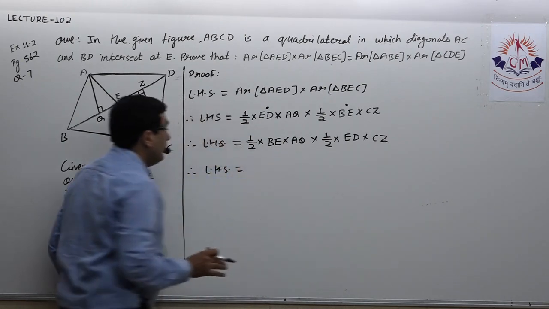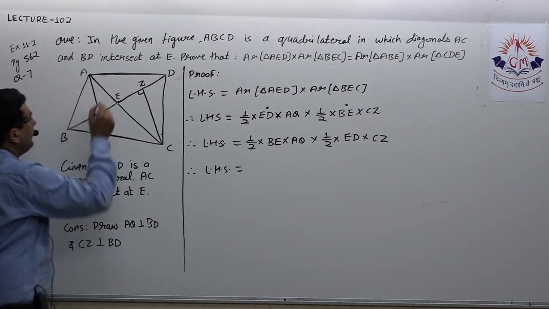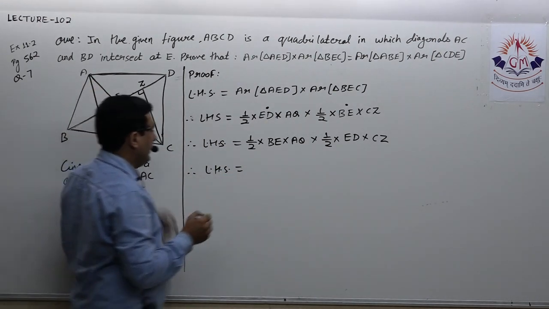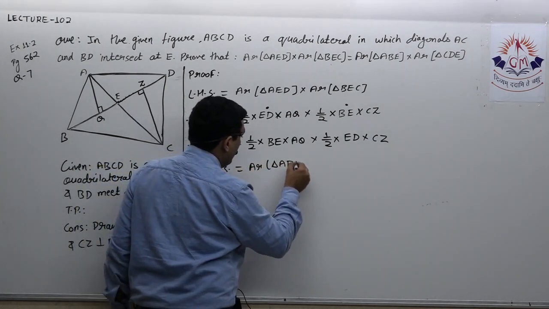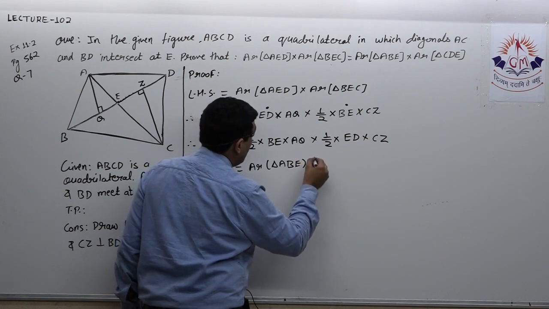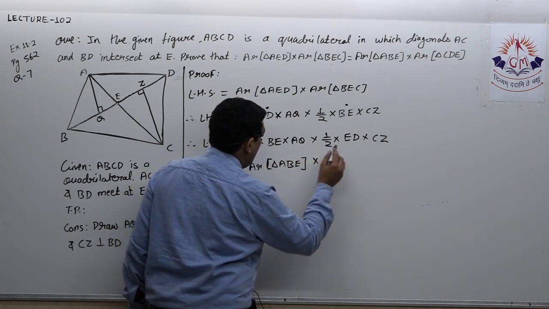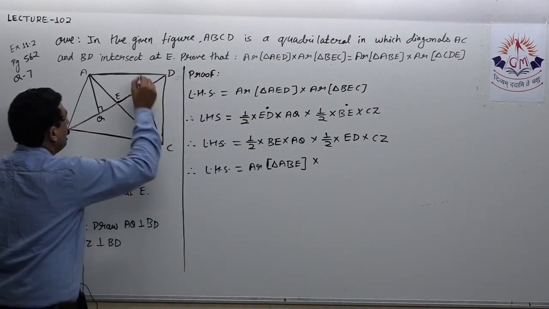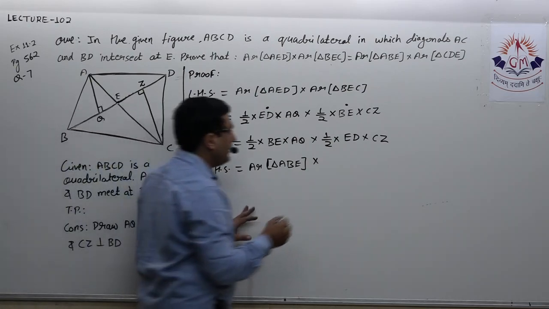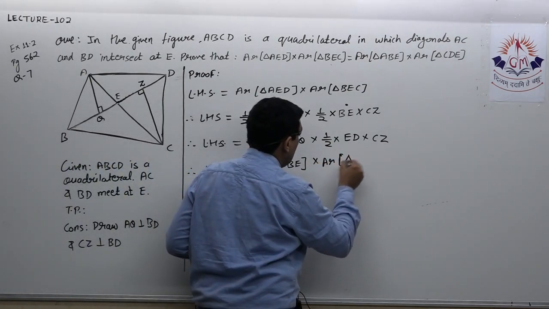Therefore, the left hand side is equal to 1 upon 2 BE into AQ, which can be replaced by area of triangle ABE, multiplied by 1 upon 2 ED into CZ, which can be replaced by area of triangle CDE.